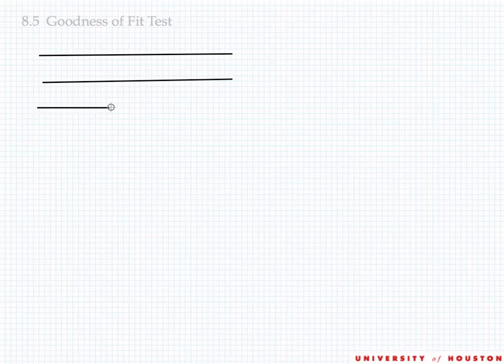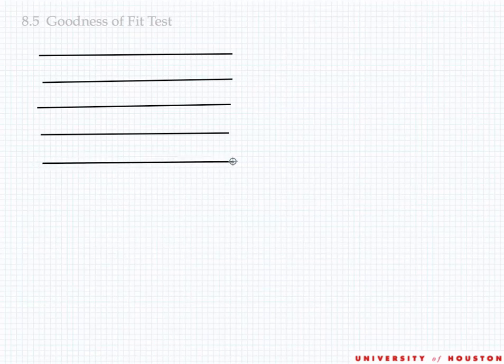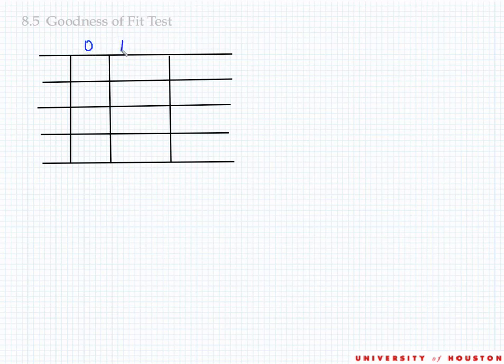We have cashews, Brazil nuts, almonds, and peanuts. So we're going to list their names first, then we'll rewrite the observed values that we saw, then we'll find our expected values, and then we'll start calculating our statistics. So this will be observed, this will be expected, observed minus expected squared over expected.